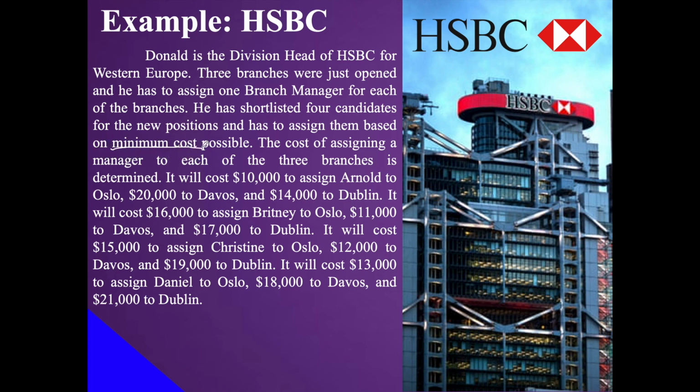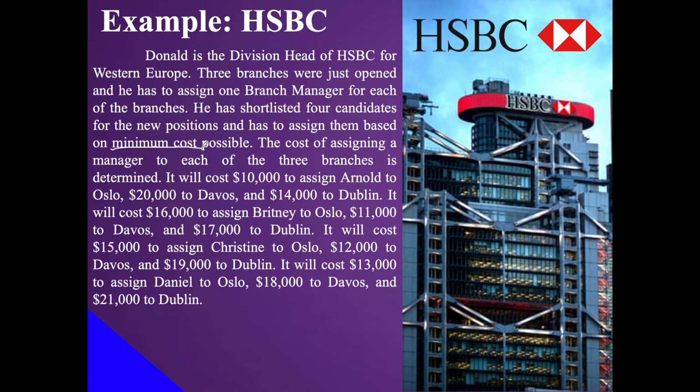The cost of assigning a manager to each of the 3 branches is determined. Kasi iba-iba to, no? Hindi naman, of course, yung mismong paglipat niya doon sa ating new location, yun yung mga cost. Hindi ko na binanggit kung anong mga specific cost yun. Total na ito. So, it will cost $10,000 to assign Arnold to Oslo.